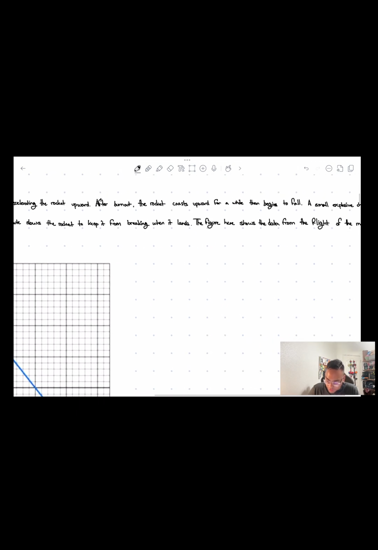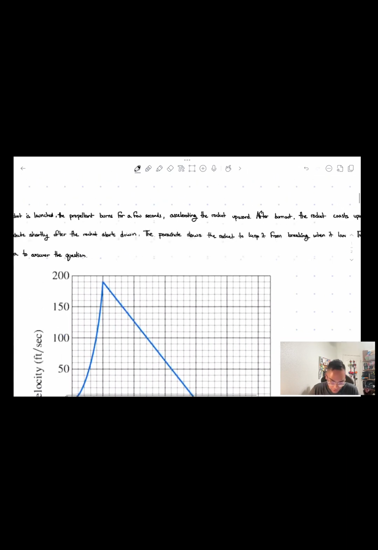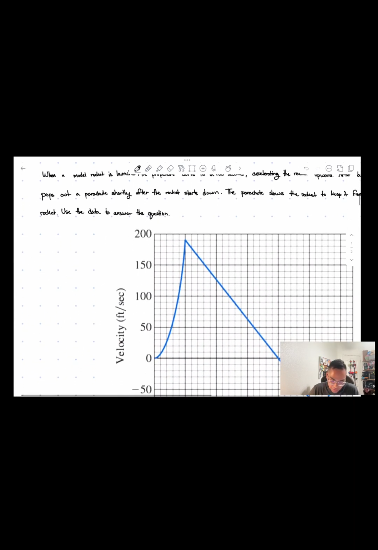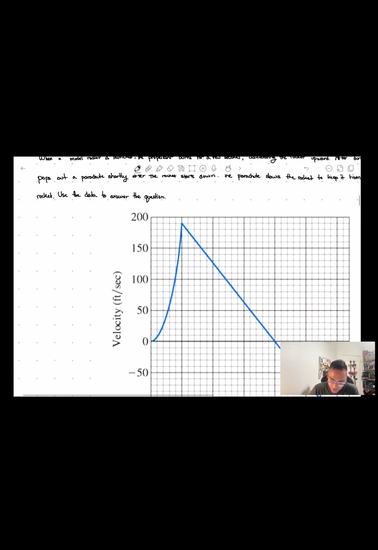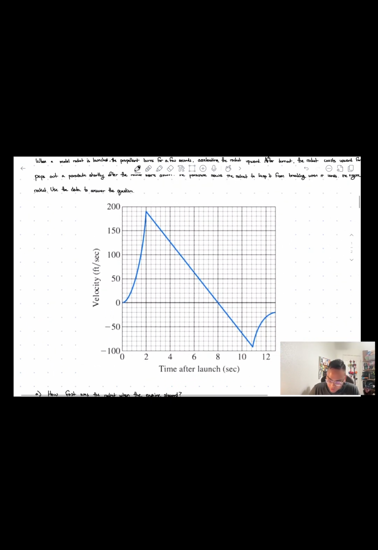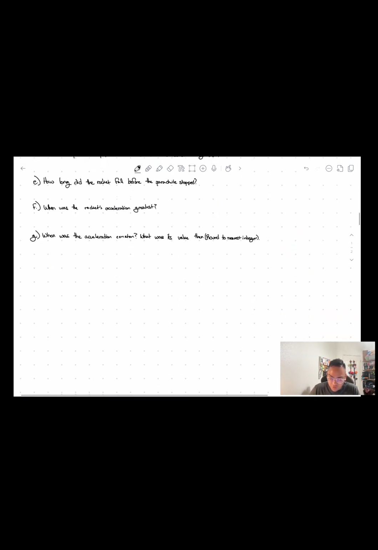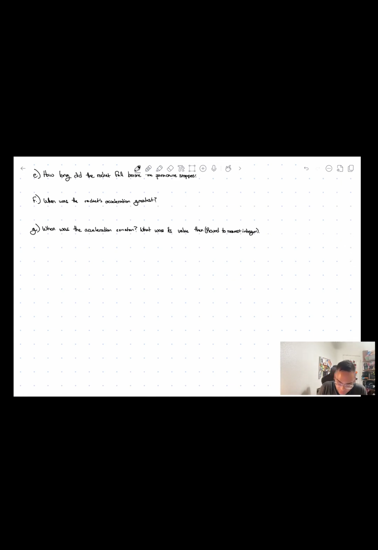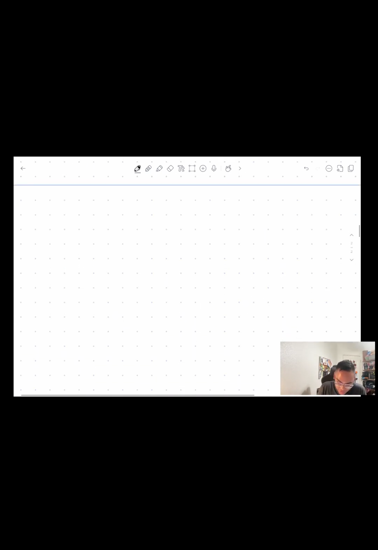The figure here shows the data from the flight of the model rocket, and then it says use the data to answer the question. So before we look at the questions, we first need to learn basically what is a derivative.